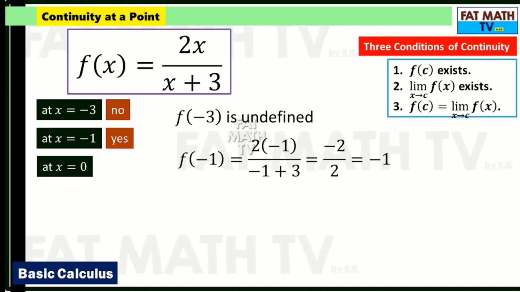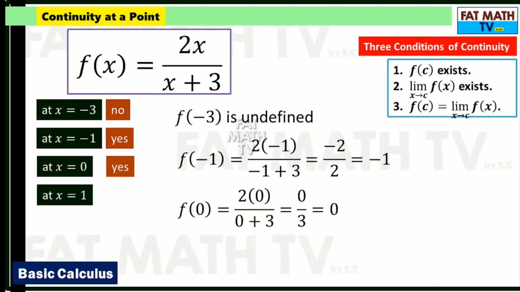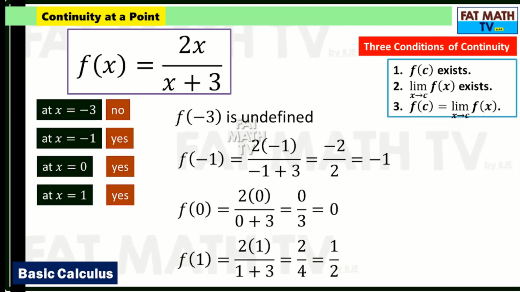So yes, at x equals 0, yes. At x equals 1, there's an f of c. The limit is, okay, yes. So actually, this function is continuous at any x value, except for negative 3. So continuous at any real number except negative 3.